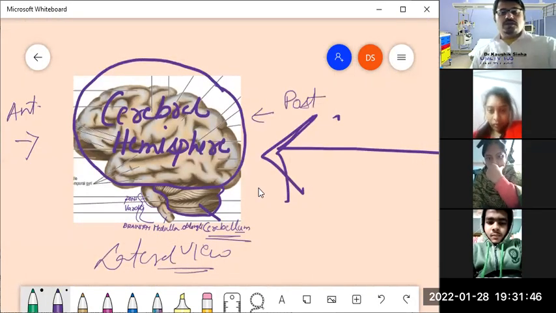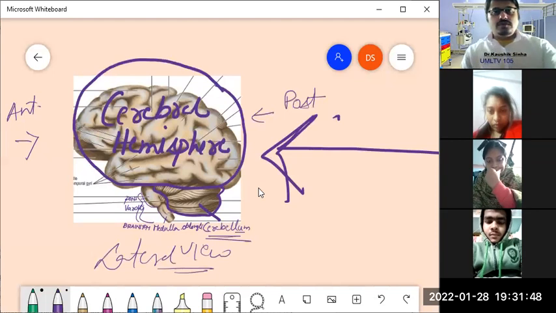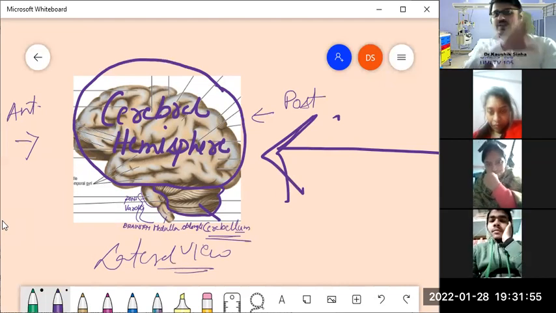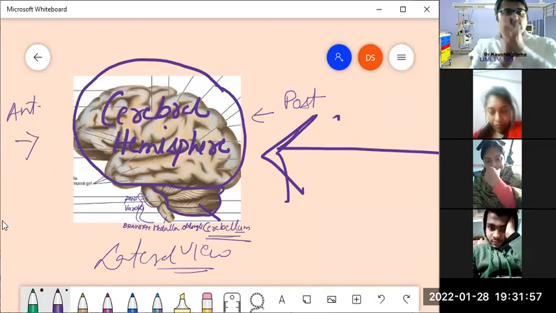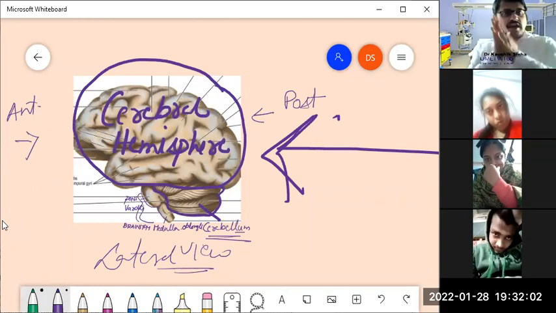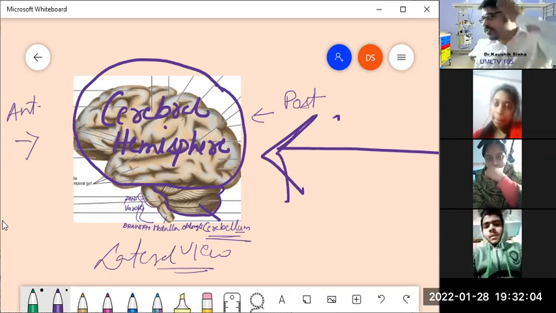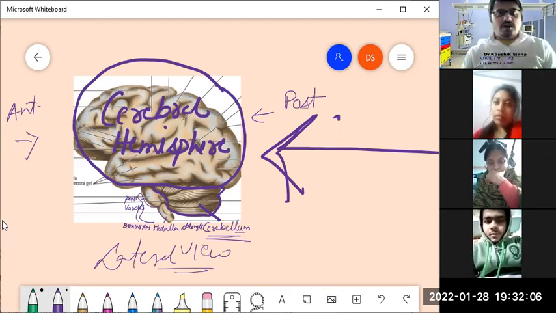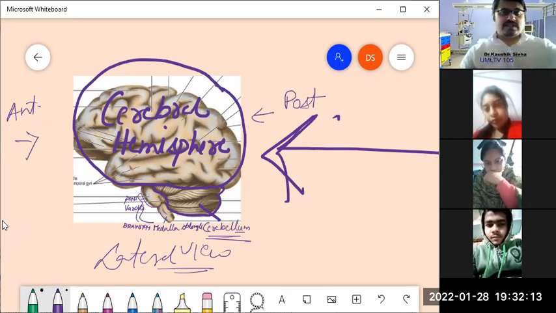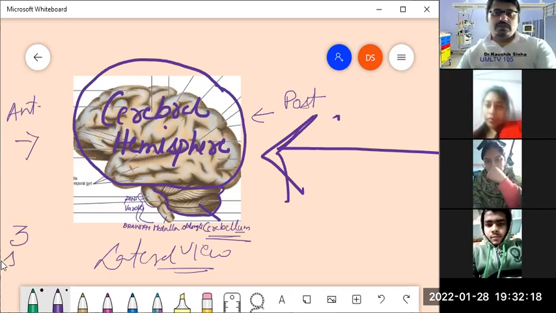Okay. Now, anything has a surface. Whatever you see all around has a surface. As for example, this is the surface of my hand. Or this is the surface of the side of my face, right? Similarly, this brain also has surfaces, and there are in total 3 surfaces of the brain.